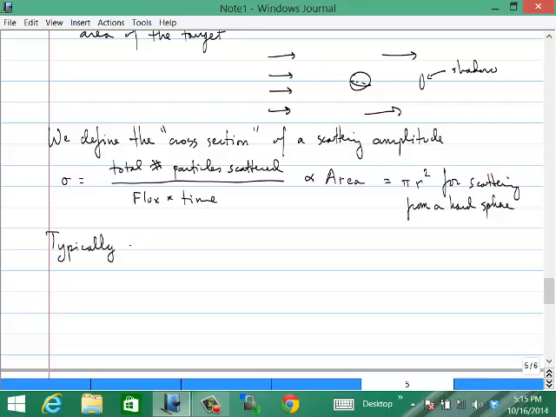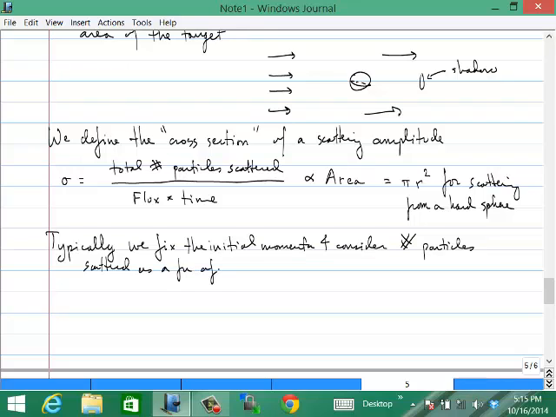And so typically, what we're interested in doing when we study a scattering process is we fix the initial momenta and consider the number of particles scattered as a function of the final momenta.